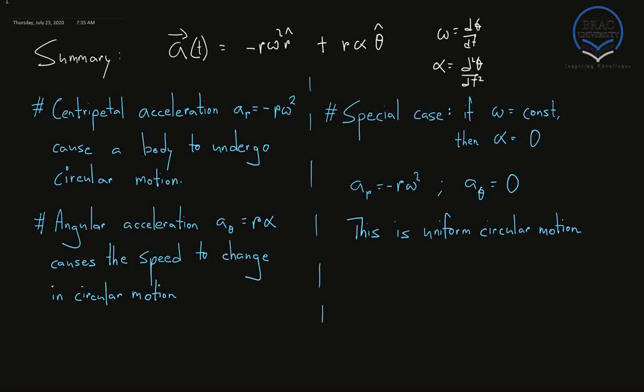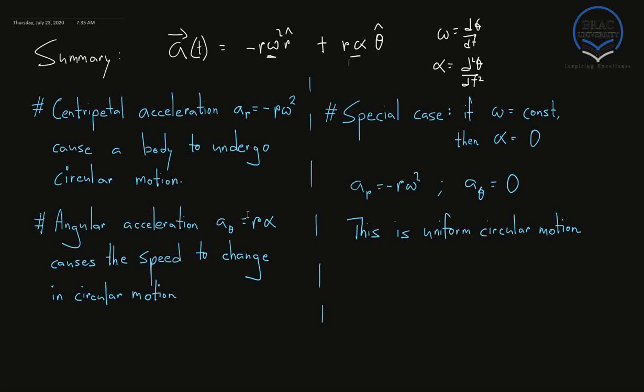So actually these two things are related to each other. The centripetal acceleration, a_r, or also called the radial component of acceleration, is minus r omega square. This is the thing that causes the body to undergo circular motion. If you don't have centripetal acceleration, you don't have circular motion, plain and simple.